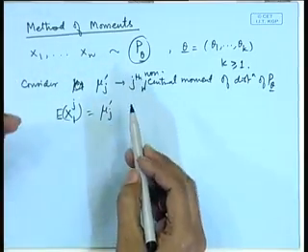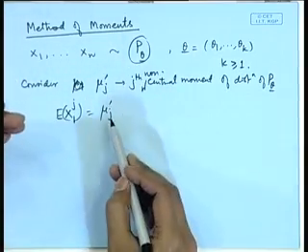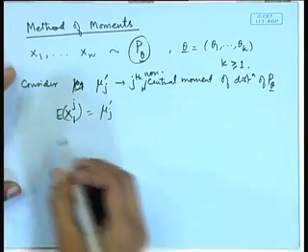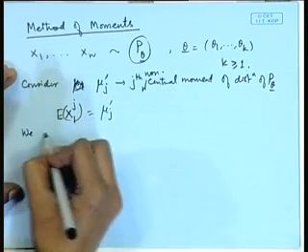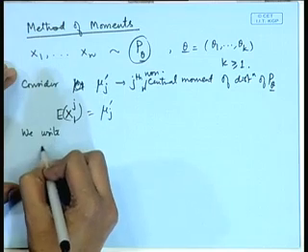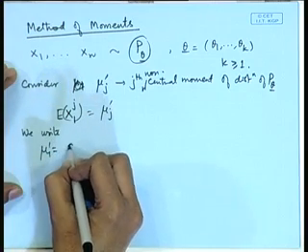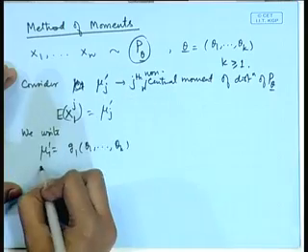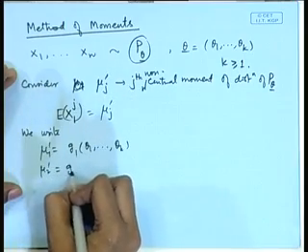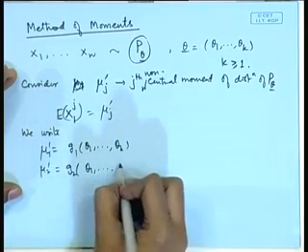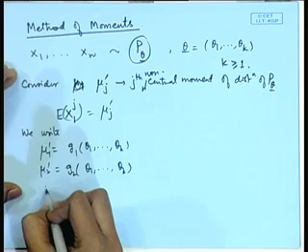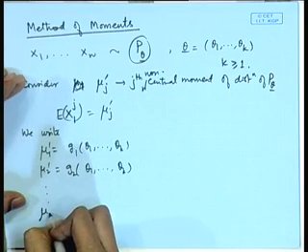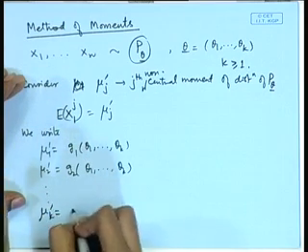In general these moments will be certain parametric functions. For example, I may have mu 1 prime equal to g1 of theta 1, theta 2, ..., theta k. Mu 2 prime may be some function, say g2 of theta 1, theta 2, ..., theta k. If I have k parameters, then I write up to the kth.